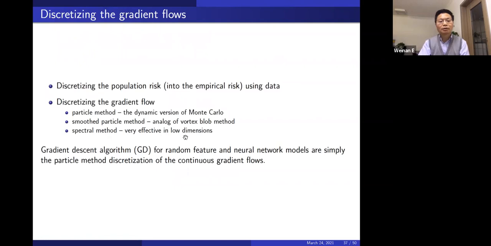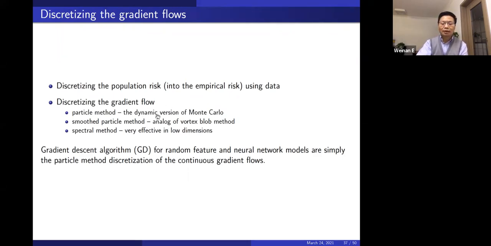These are not bad in low dimension. But in high dimension, we need to use the particle method, because these other methods don't work in high dimension, as we already mentioned. The particle method is the only one that works in high dimension. It's the dynamic version of Monte Carlo. Or we can use a smooth particle method. Anyway, these are the ones that are preferred in high dimension.